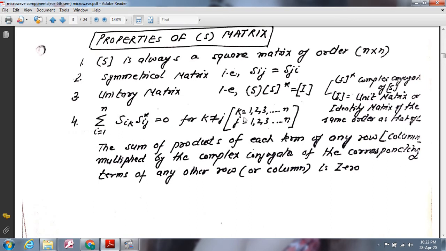This property states that the sum of products of each term of any row or column multiplied by the complex conjugate of the corresponding term of any other row or, for the case of column, is 0. This is the meaning of this particular property, property number 4.